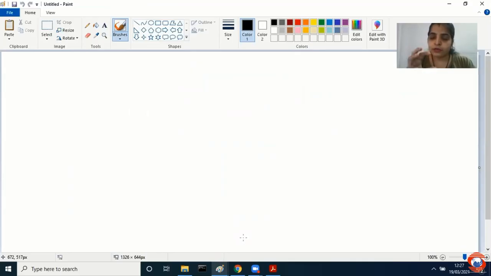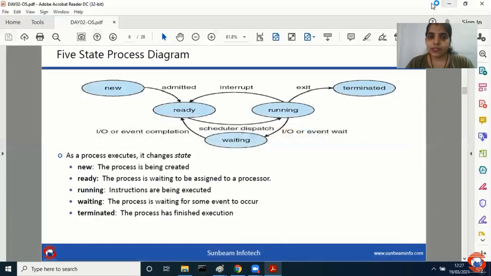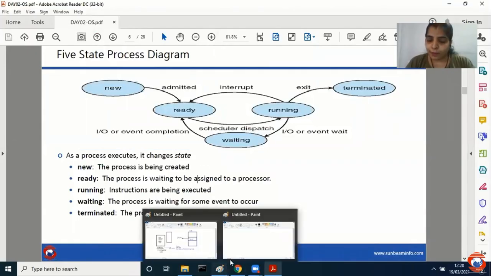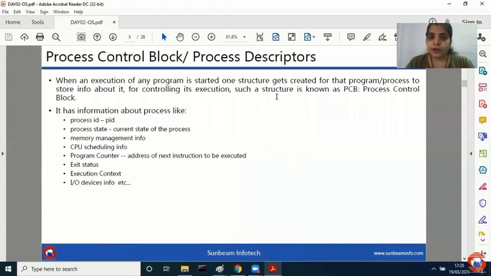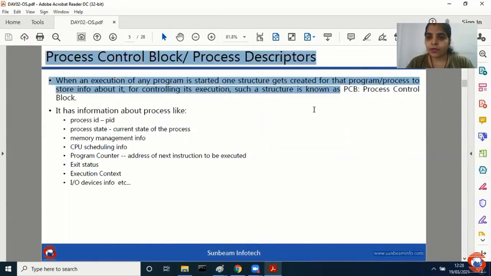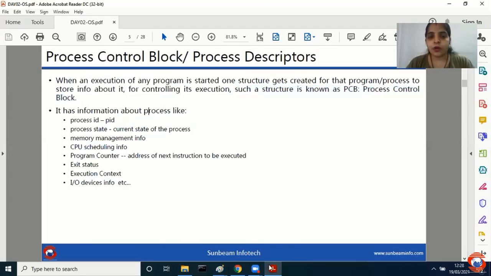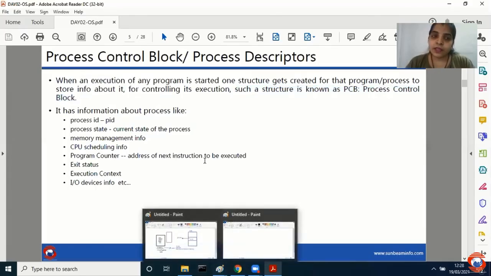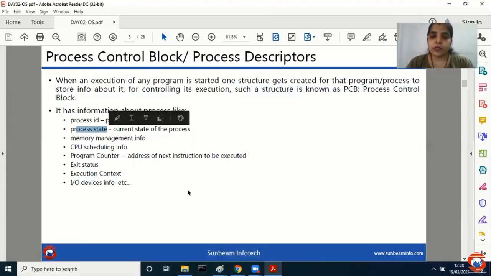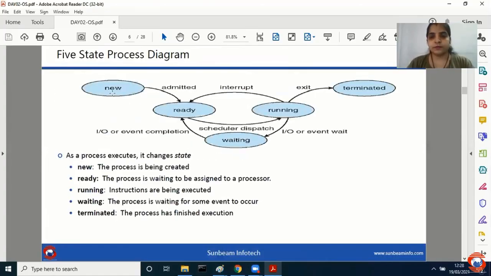This is the process which is being created. Whenever I create a process, it is in the state called new state. So when I started new Paint, at that moment, the first thing generated by my operating system is a process control block for that Paint. In that case, the initial state which was set is the new state.